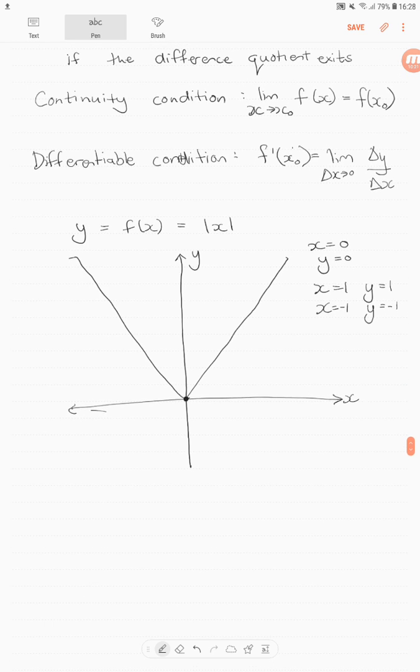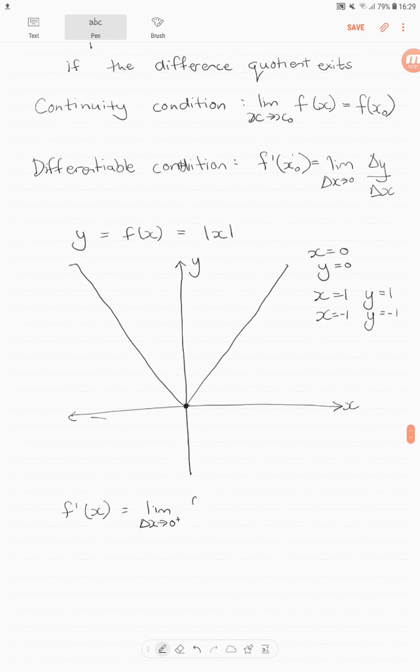So if we approach 0 from the right hand side, our slope will be equal to 1. If we approach from the left hand side, our slope will be equal to negative 1.